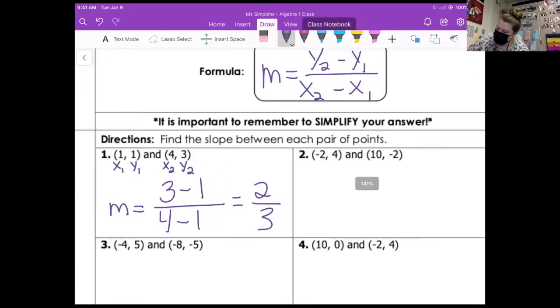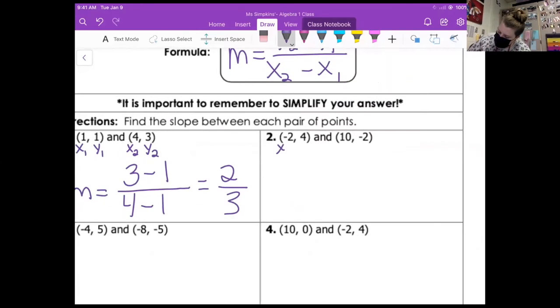All right, let's try another one. So I'm going to label x1, y1, x2, y2, m equals. No, you don't have to. I'm just doing it to be a little extra so people know what I'm talking about. What's y2? -2. Good, -2 minus 4, because that's y1, good.